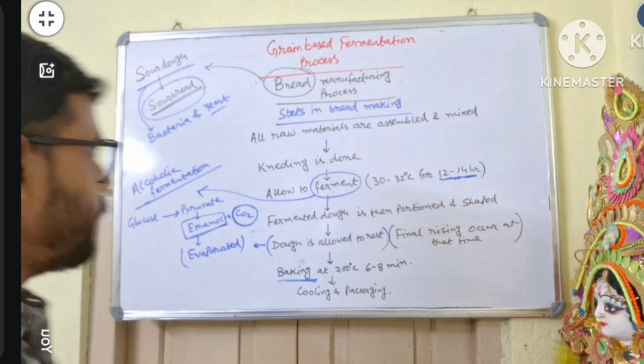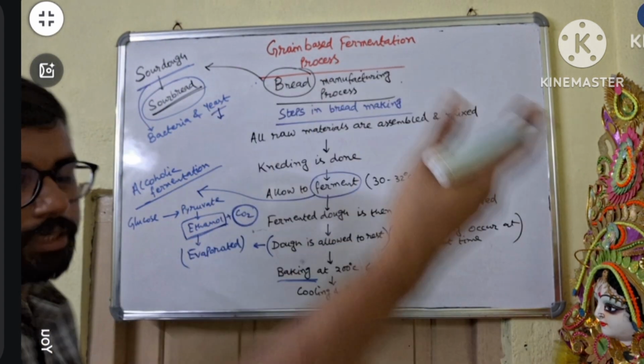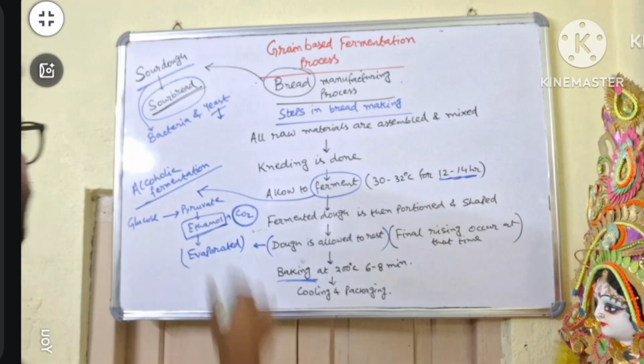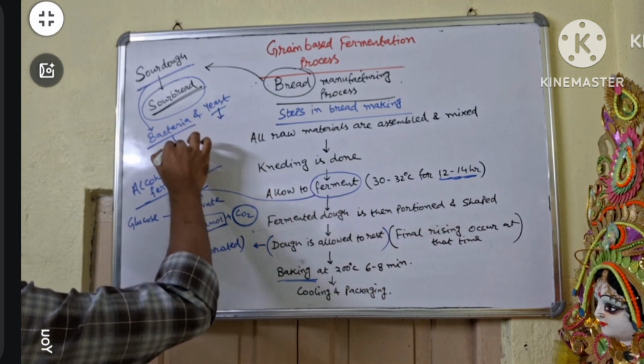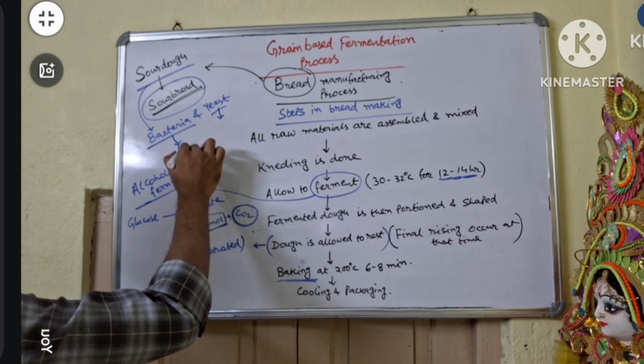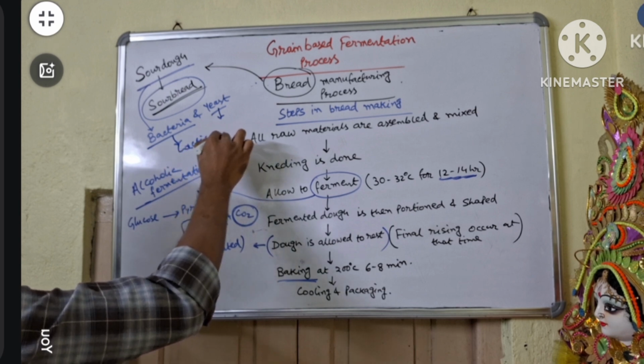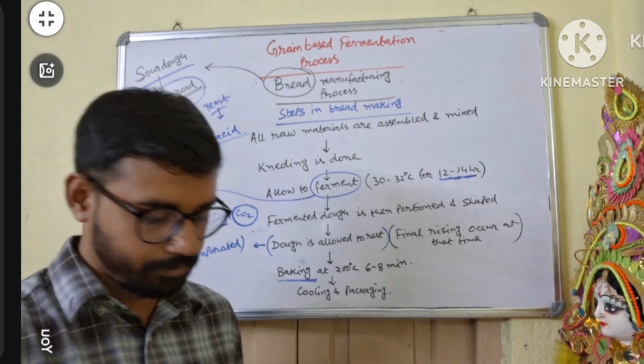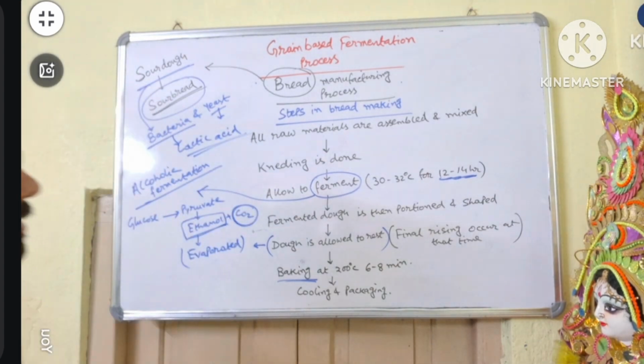So yeast gives the rising property, the bread-like structure, and bacteria produce lactic acid inside the bread and make the bread taste sour.